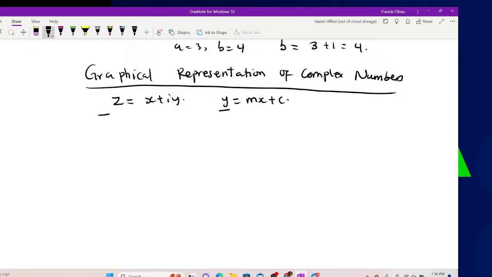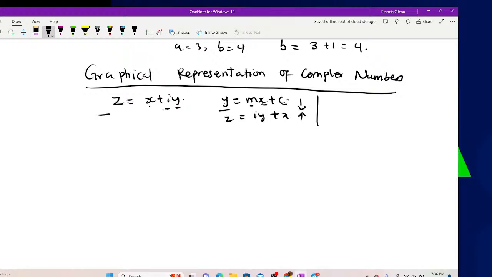Where y is the z, x is x, m represents the i operator, then c represents what? x. Is that not it? So let me write it here. z is equal to iy plus x. So you can see that this has some kind of correlation with this.